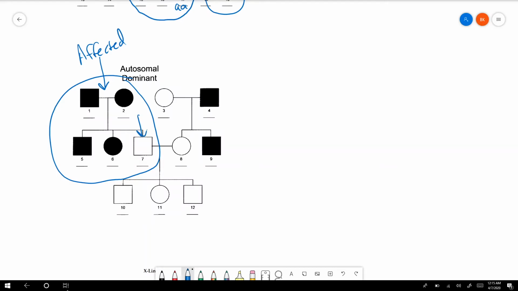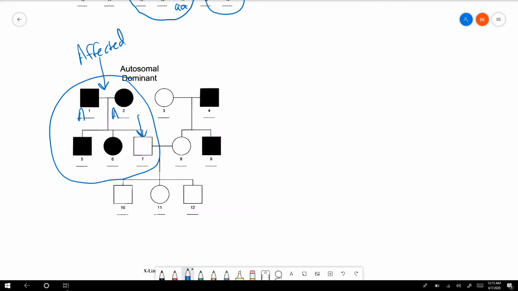So imagine that this affected trait were recessive. If it were recessive, both of these parents would be little a, and they can only have children who are little a, recessive and affected. So that is not correct. It doesn't work because they had a child who was unaffected, right? What's the pattern here? It is dominant.